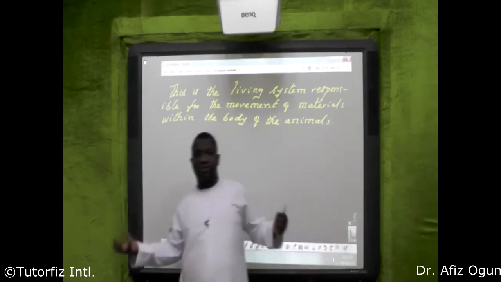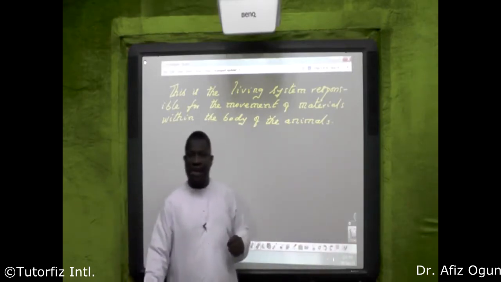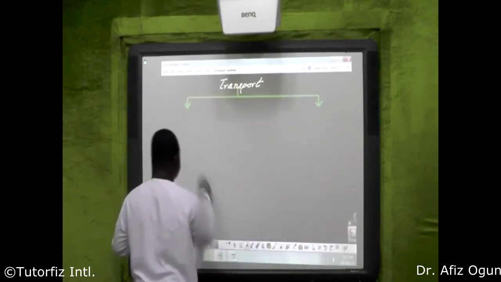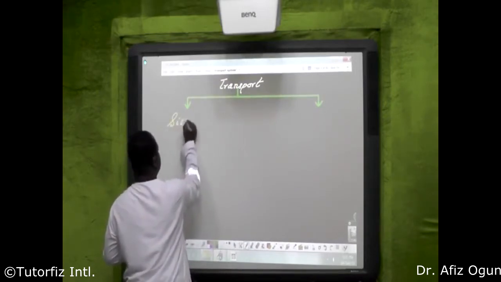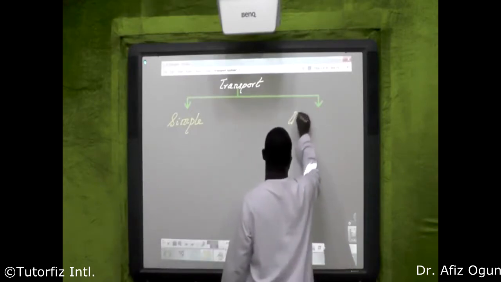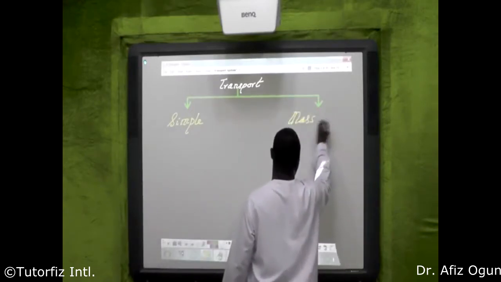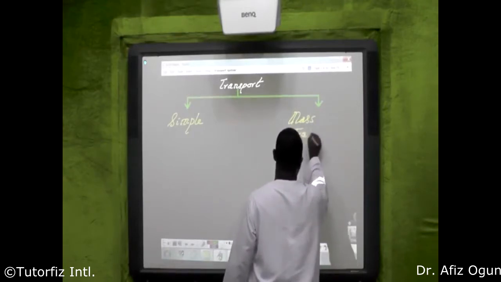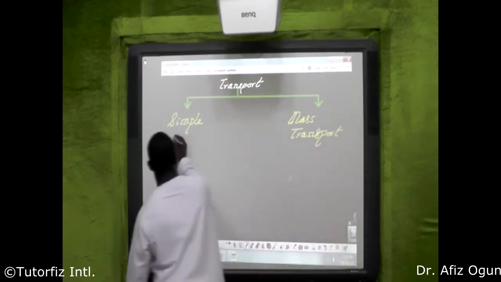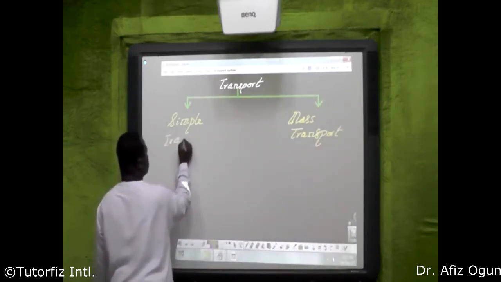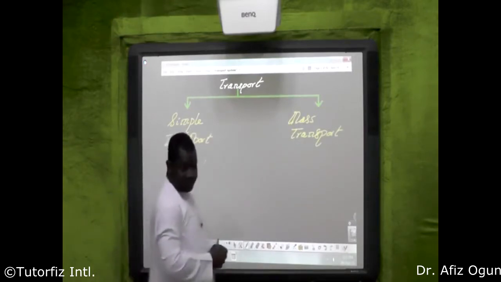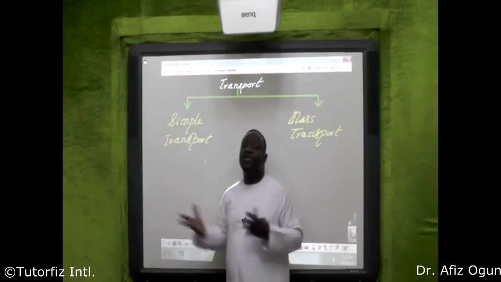Transport can be simple transport, and it can be mass transport system. What is the simple transport system?